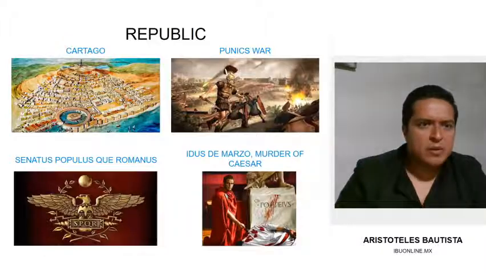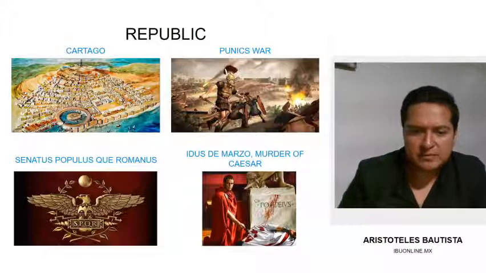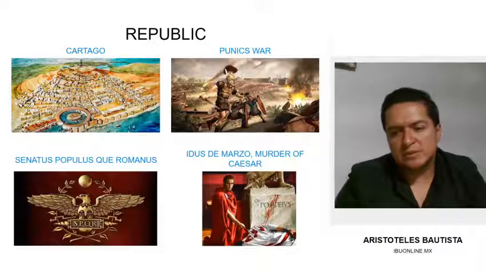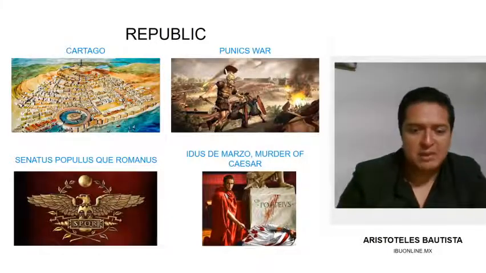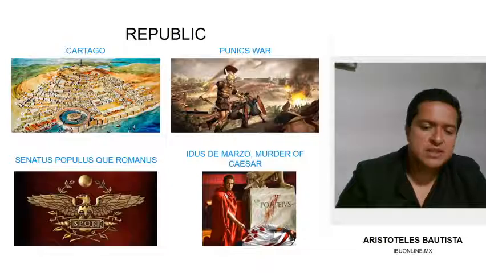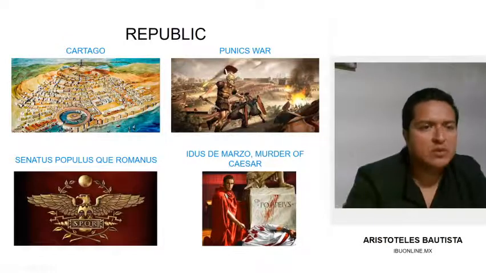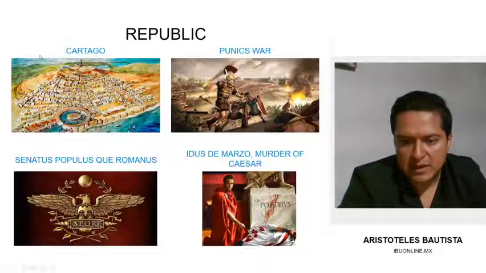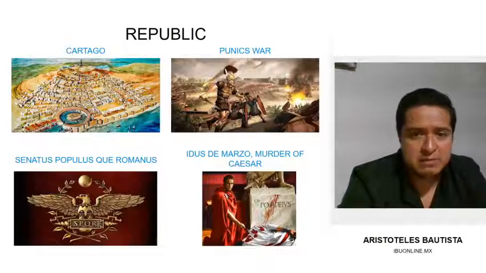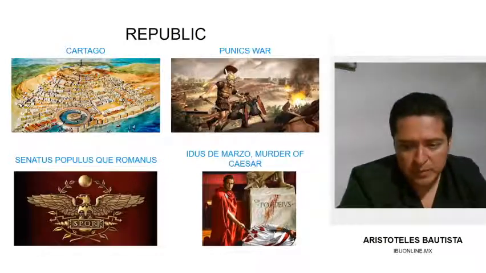So what happened there? During the Republic period, Rome had an enemy, a Punic city called Carthage. You can see Carthage here. The Punic Wars pushed Rome to go beyond its limits.